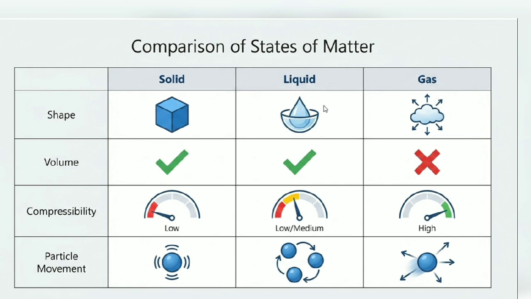Liquids have no fixed shape, but a fixed volume, and moderate movement. Whereas gases have no fixed shape, no fixed volume, and maximum movement. This comparison helps us understand why each state behaves differently.